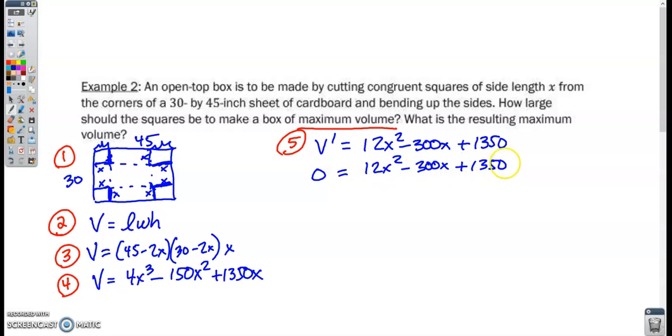I'm going to set this equal to 0, and then I'm going to solve for x to find the critical points. Now notice, there are limitations on the values that x can have. First off, x has to be positive.